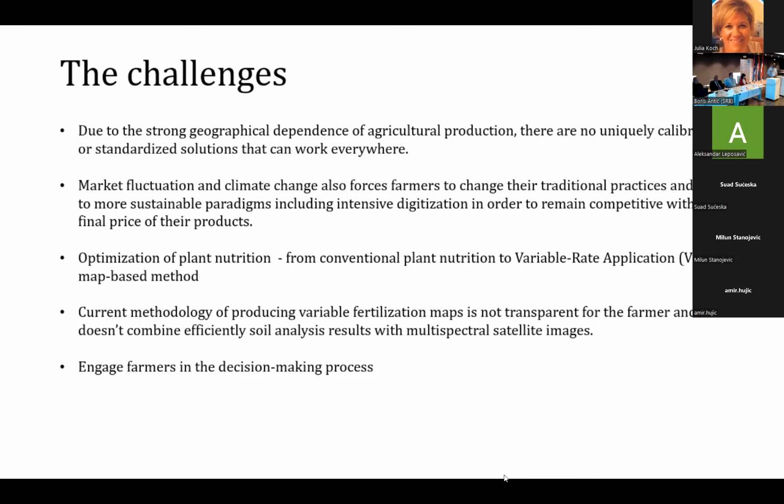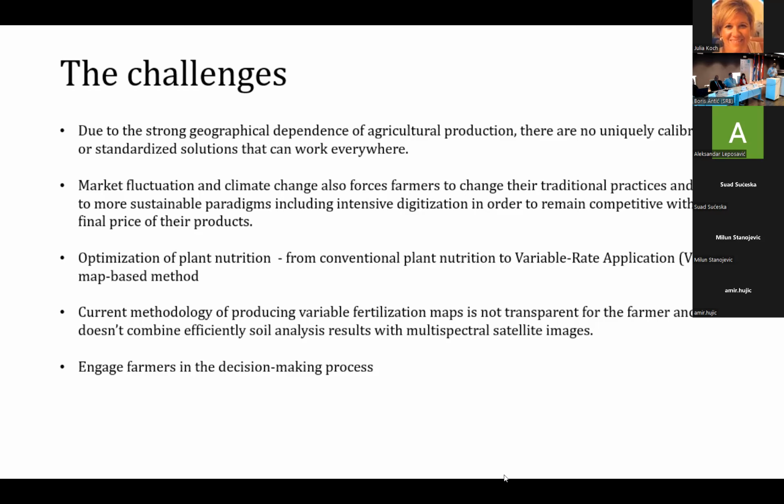We want optimization of plant nutrition, from commercial plant nutrition to variable rate. Variable rate means that we want to optimize on the parcel level, not only on the level of one farmer, but on the level of the parcel.